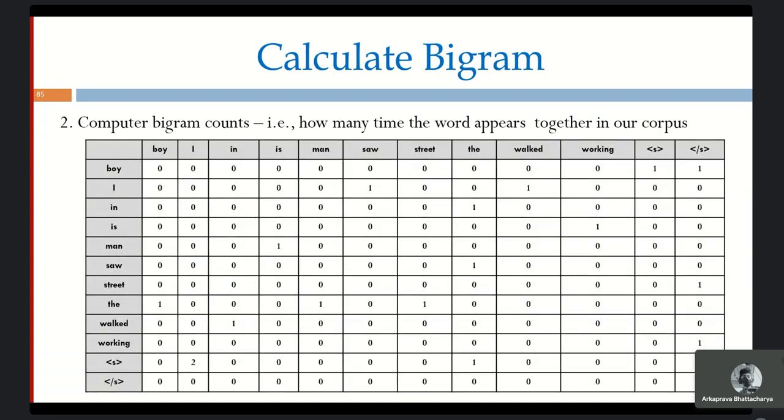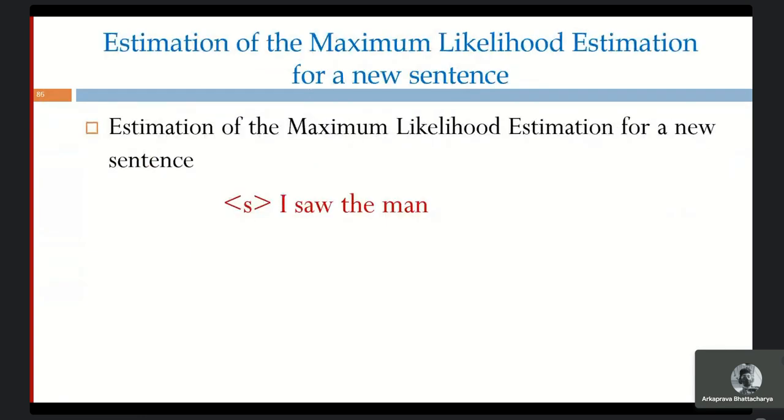When you build your bigram table, you look at the combination of all the words, like how many times the is followed by boy, I is followed by I. You can see there are many zeros because these are pairs which have not been seen. In such cases, we definitely need a smoothing technique to overcome this data sparsity.